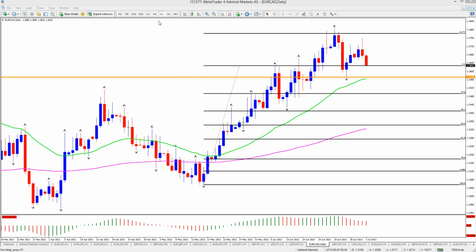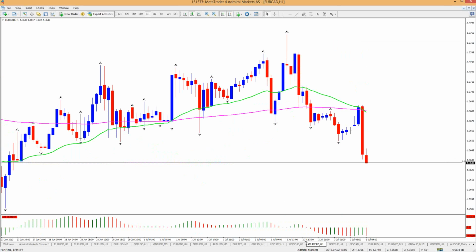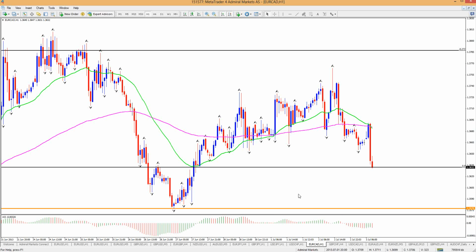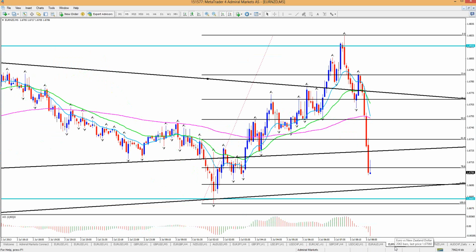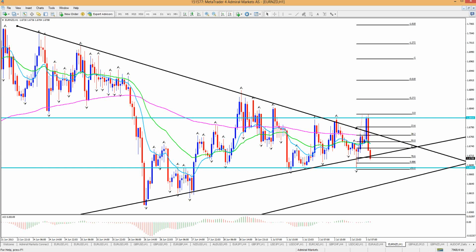So let's move on. Now you can see the euro CAD is really moving a lot. Wow, look at the euro New Zealand fall. That's really unexpected. Then again, it probably has to do with that range element. That's why it's good to have trend lines. It's always good to be aware of 4-hour fractals and 4-hour levels, because that's what can turn.